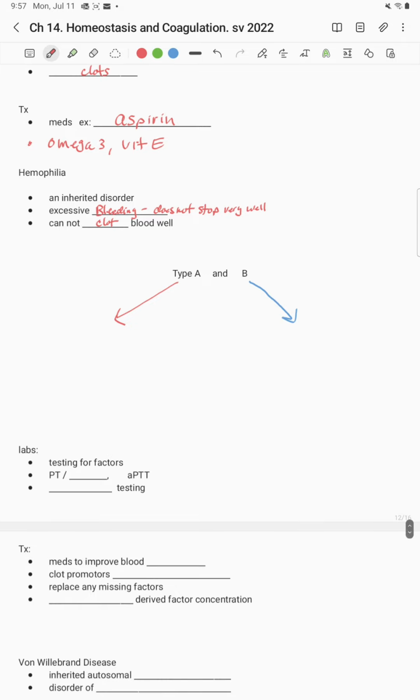There's type A and type B. Type A is more severe. Of the hemophilia population, about 85% have type A. It's a decrease in factor 8.